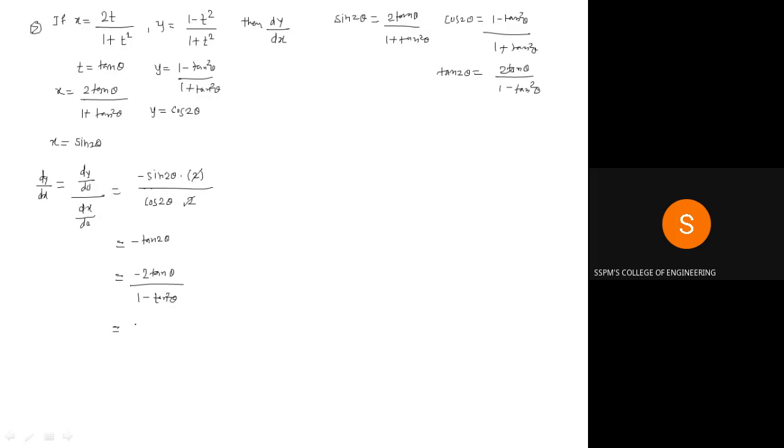That means you get minus 2t upon 1 minus t square, and it's the correct option. The same type of correct option will be there in this type of question, in the question.